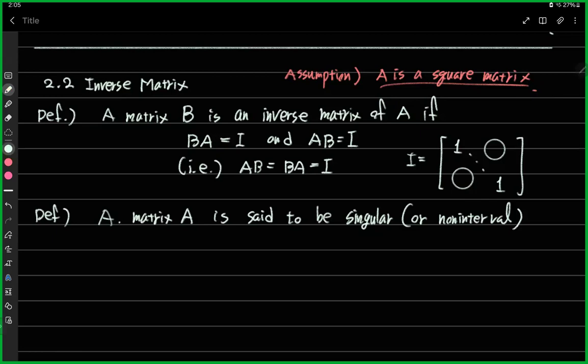So matrix A is said to be singular if it is not square or A inverse does not exist. Otherwise, it is called non-singular or invertible.